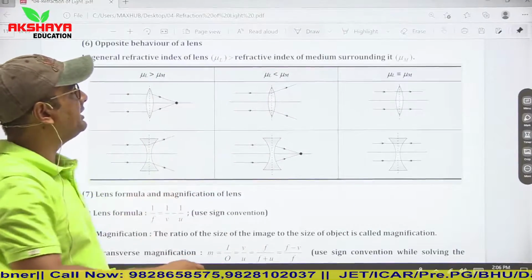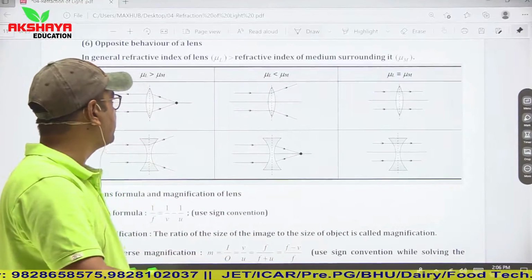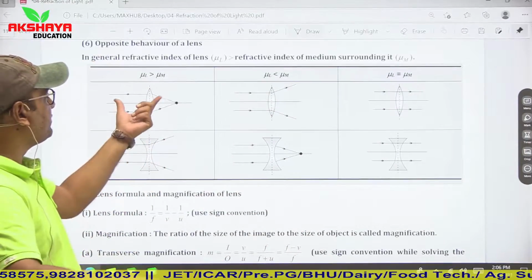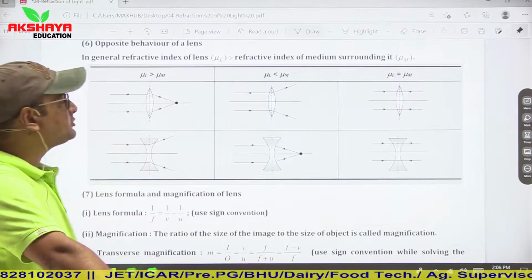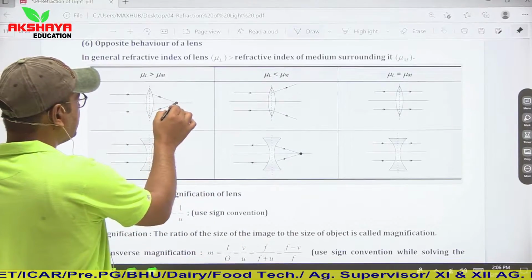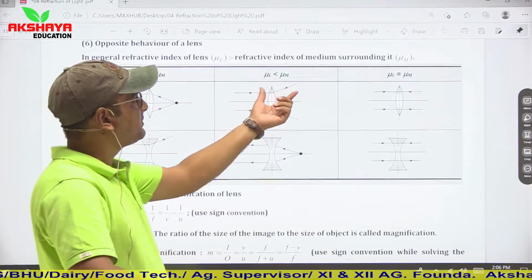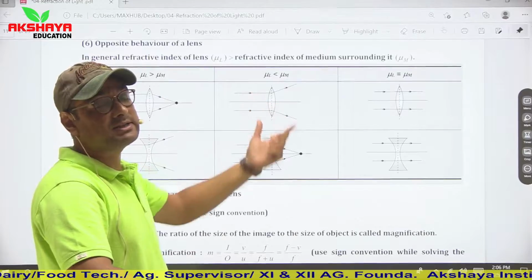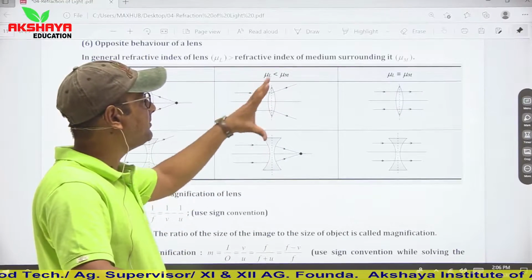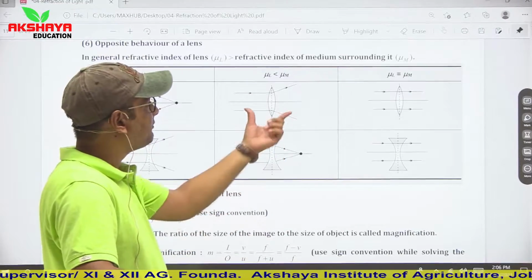In general, the refractive index of glass is greater than the refractive index of the medium surrounding it. In the first case, if the refractive index of the lens is greater than that of the medium, it will behave as a converging lens, meaning light will converge at a place. When the refractive index of the lens is less than that of the medium, light will be diverged after refraction.